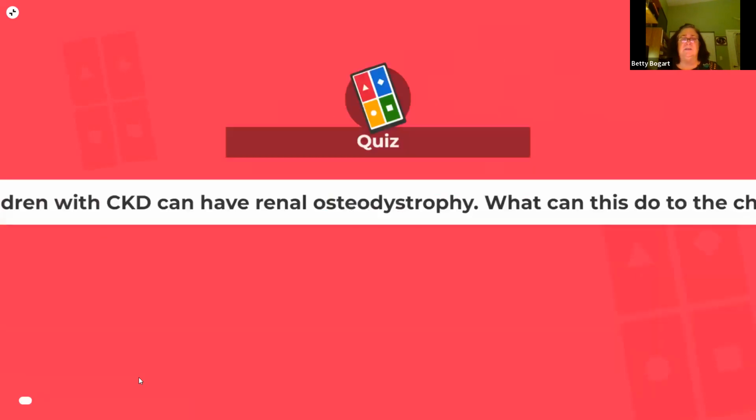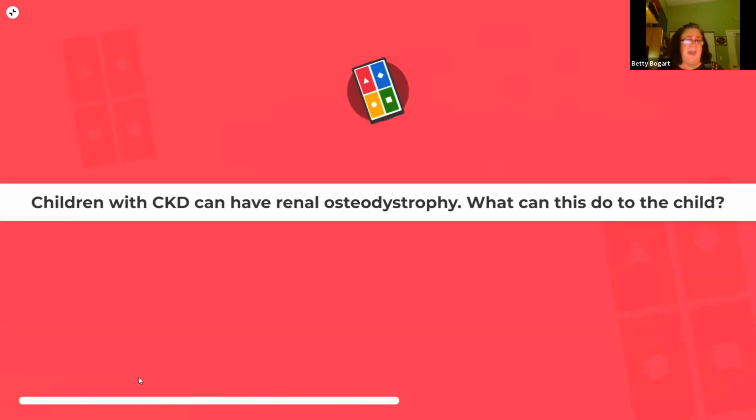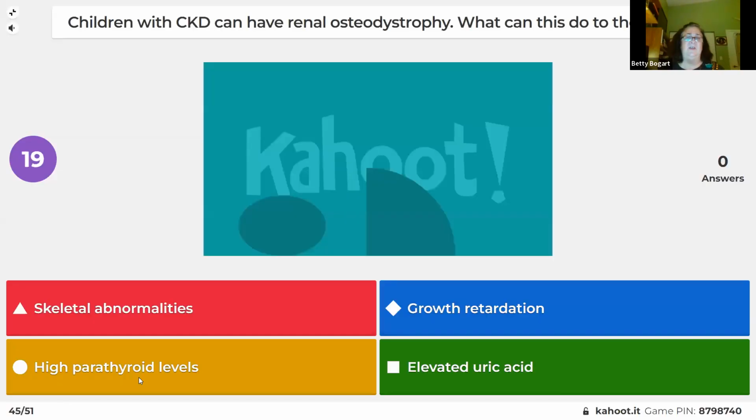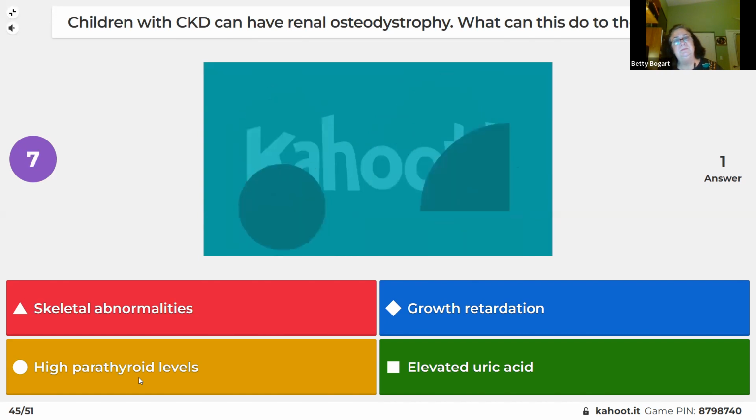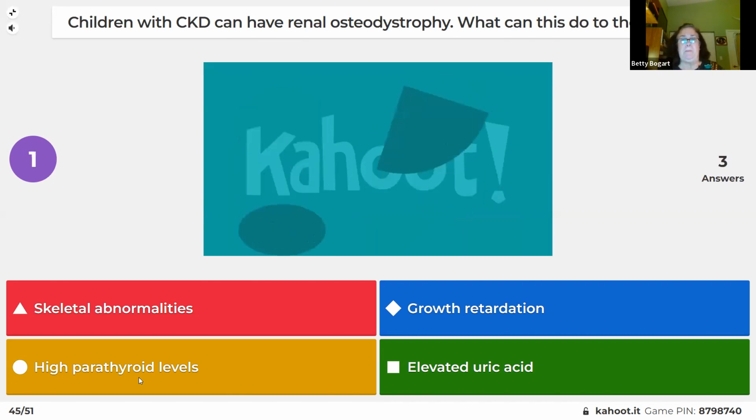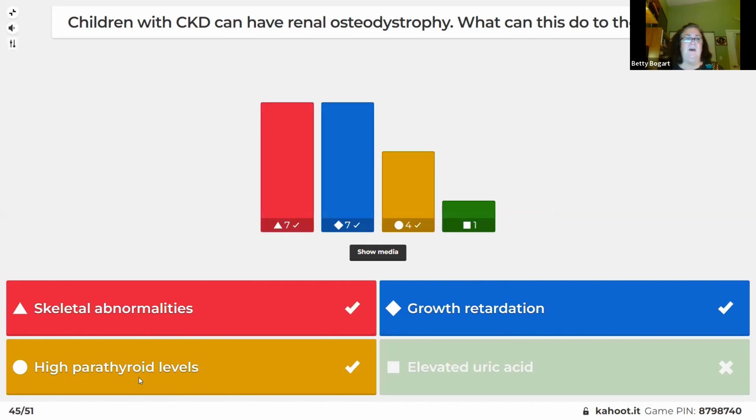A multi-select. Children with CKD have renal osteodystrophy. What can this do to the child? What is renal osteodystrophy? Well, we know osteo. What does that mean? What does dystrophy mean? So osteodystrophy is something with the bones that's just not right.